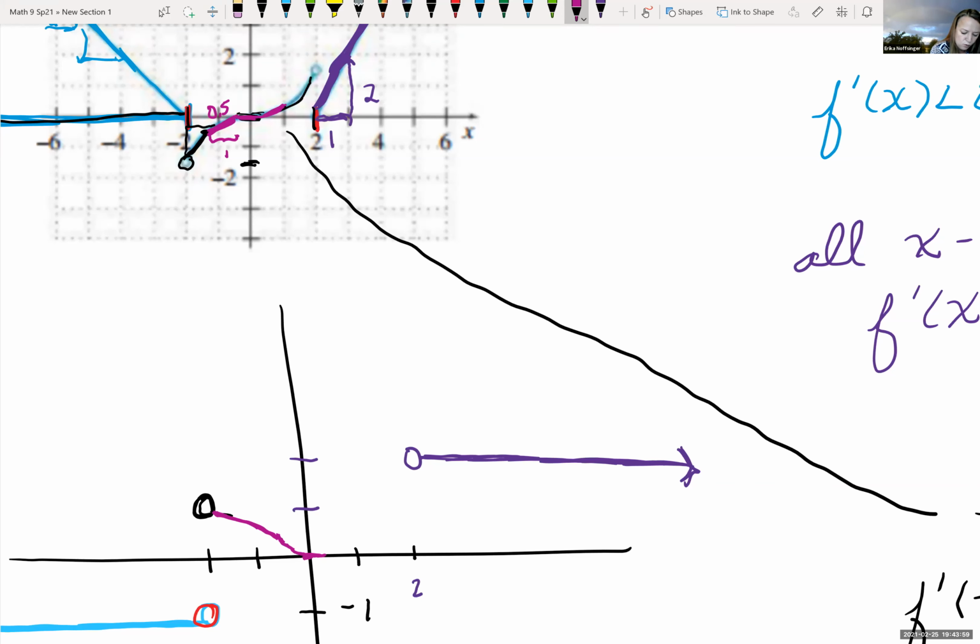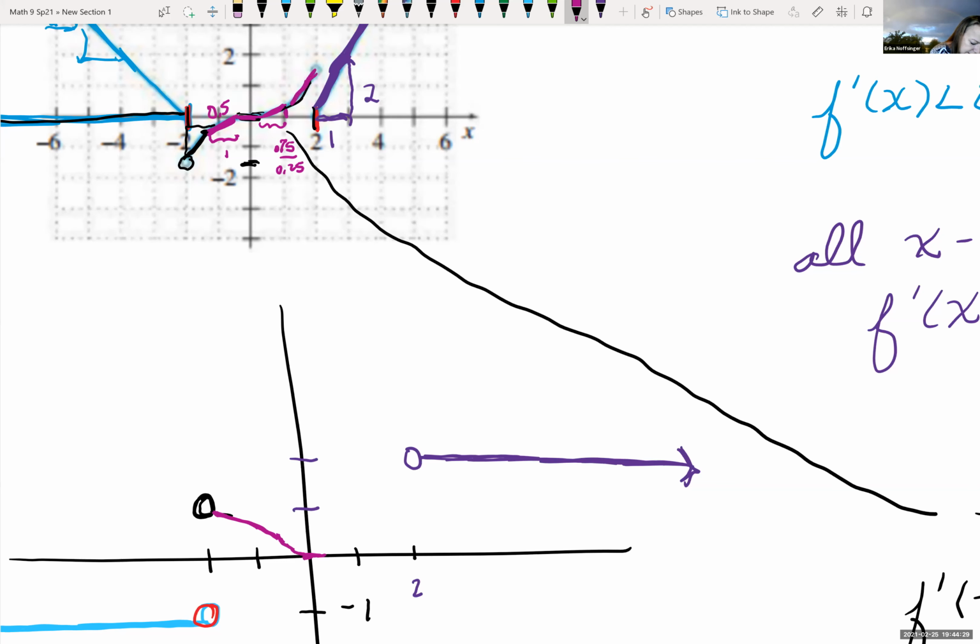So notice if I run over, let's say 0.75, and I'm rising maybe a quarter. So I'm just going to say we're kind of increasing.